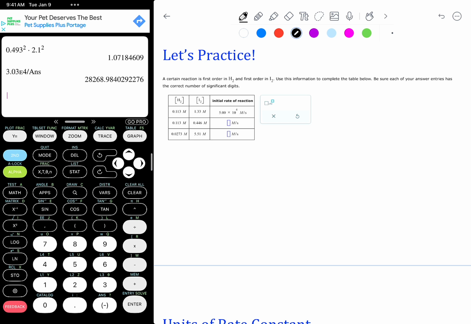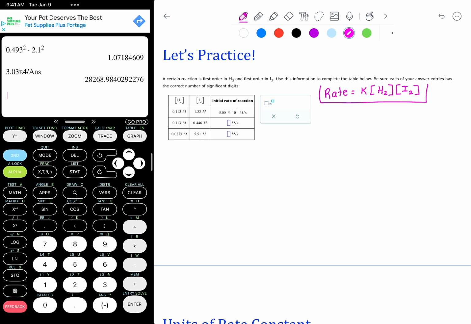So if we know our reaction orders, then we know our rate law. So we can automatically write our rate law. Rate is equal to K times the concentration of hydrogen, it's first order, and multiplied by the concentration of iodine, also first order. So there is our rate law that we can use for this problem.